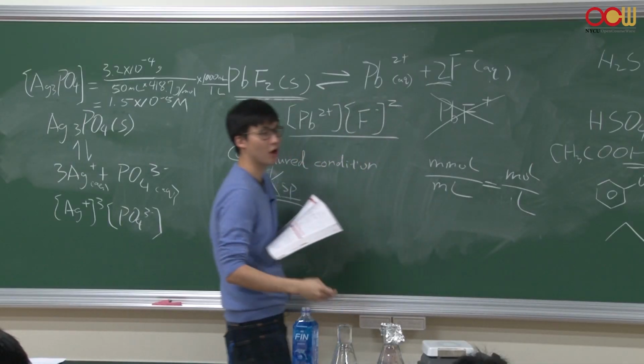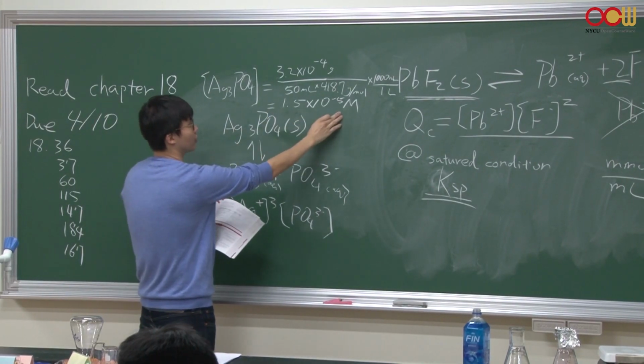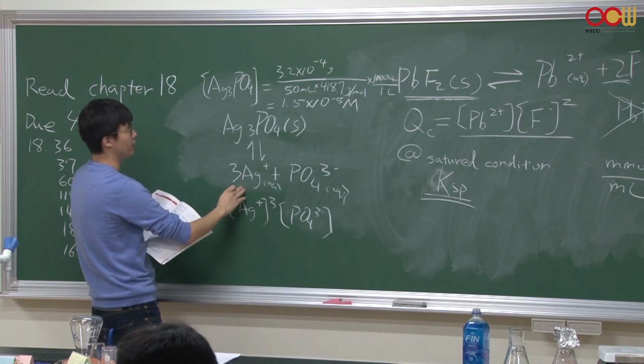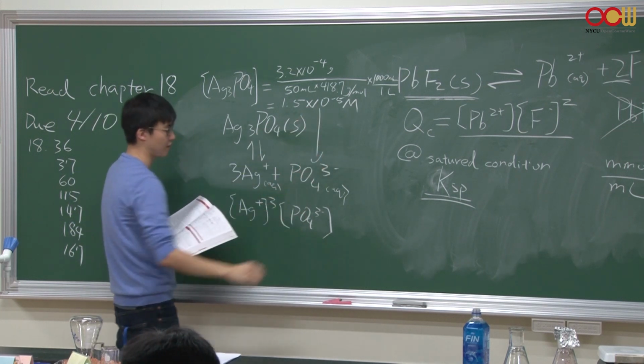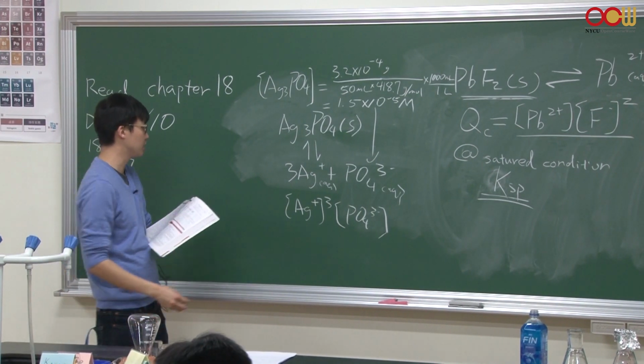I want you to become comfortable when doing calculations like this. At the perfect condition, we would know the silver ion that's generated. There will be 3 times of this, but this will be this value. So from here, you can calculate Ksp.